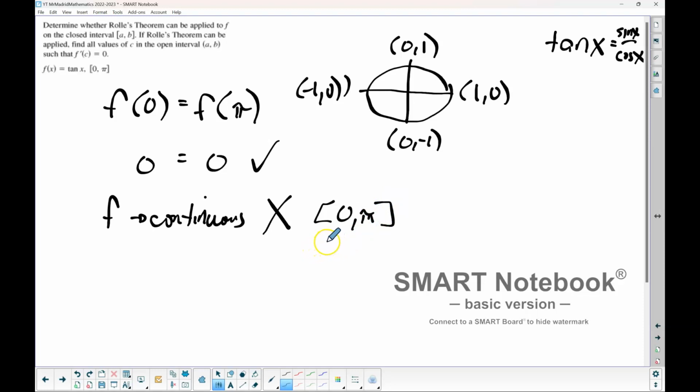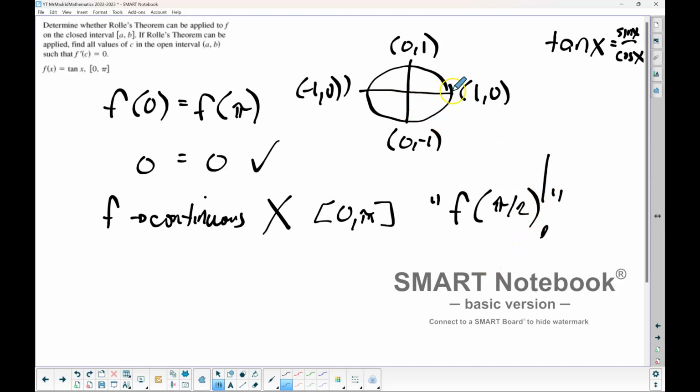Now what I would encourage you to do is graph it to look at it. But what happens for f not to be continuous? Something special happens here. Let me put it in quotations: at f of pi halves, I'll put an exclamation mark there. Again, you should pull out the graphing calculator and check that out yourself.